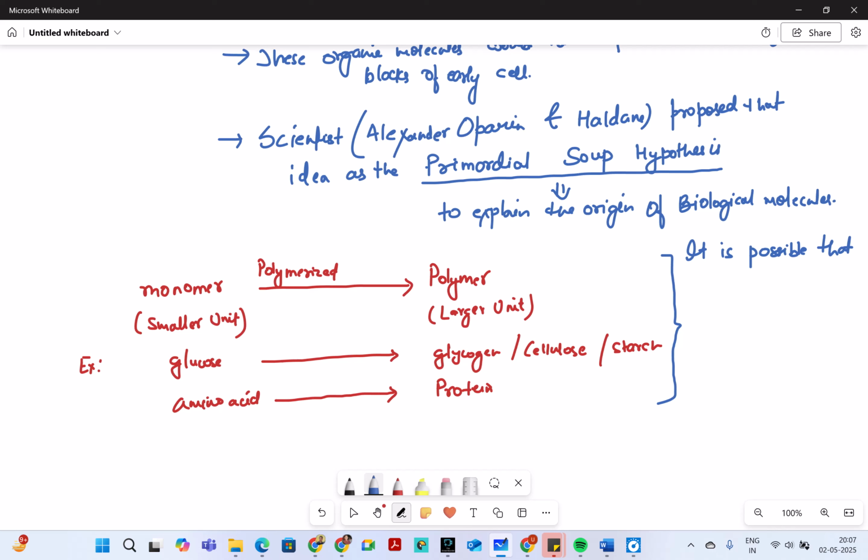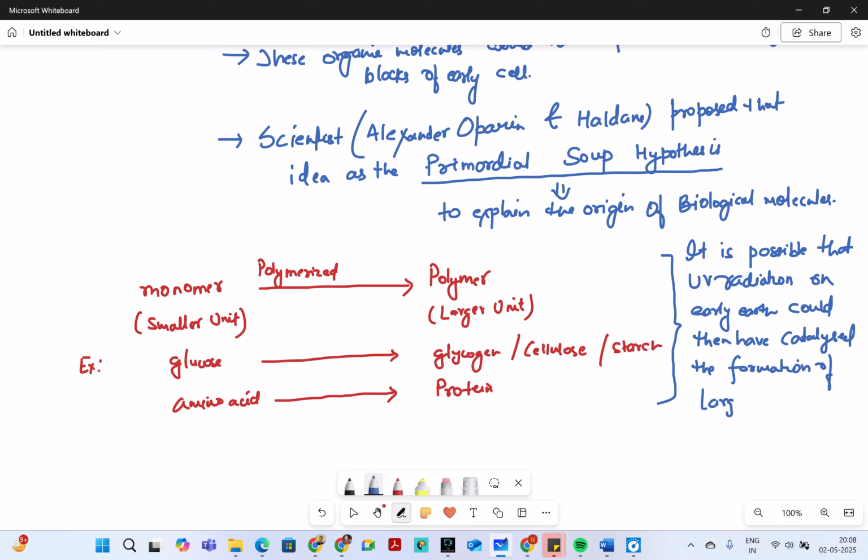that UV light, or better we can say UV radiations, on early earth could then have catalyzed the formation of larger polymers, right?